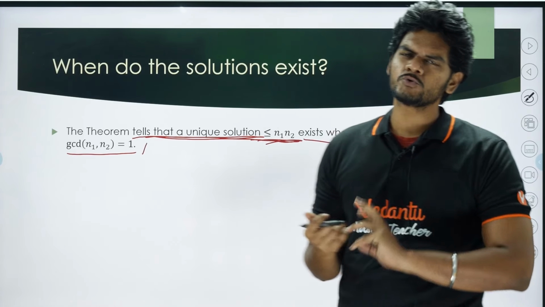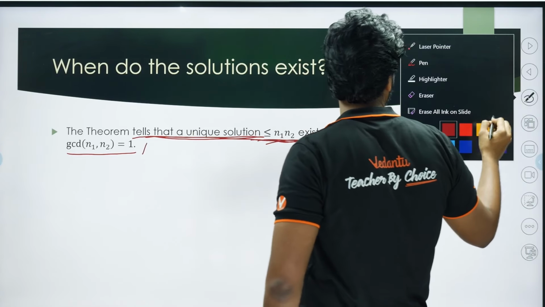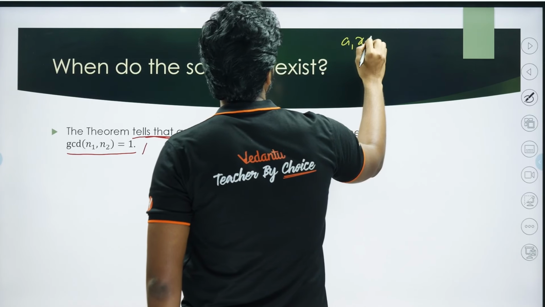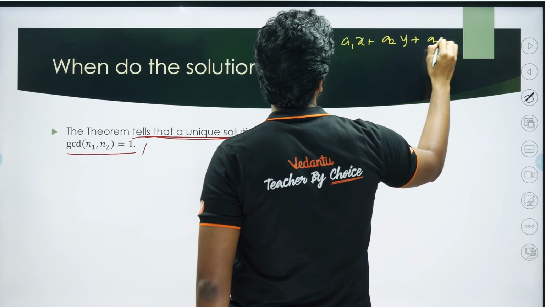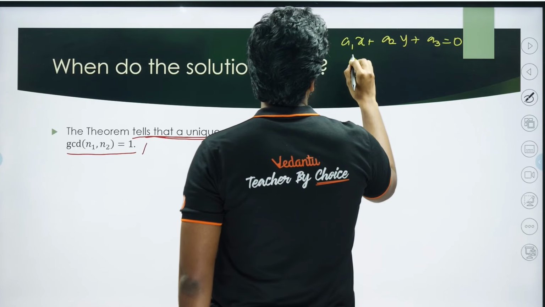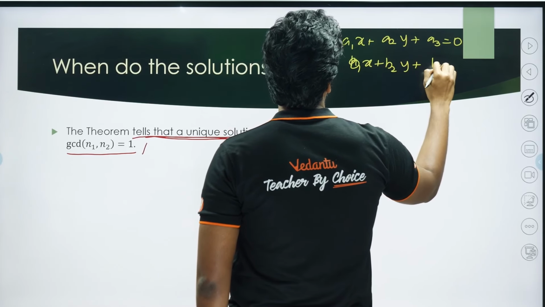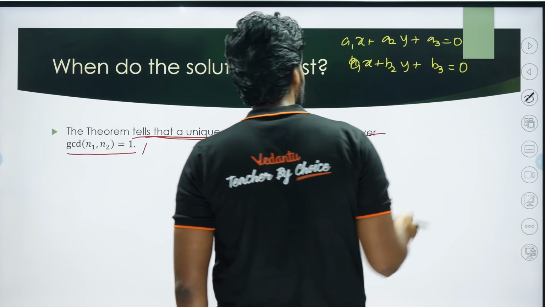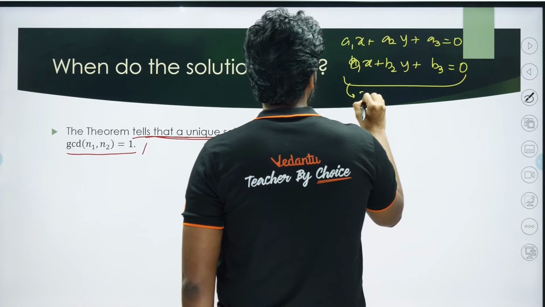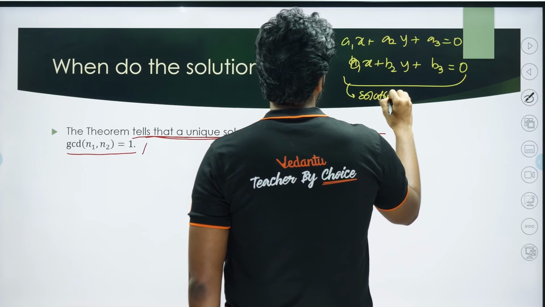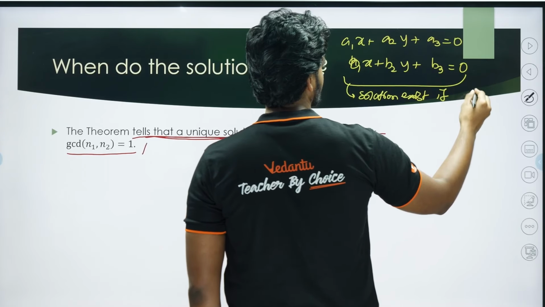So it is like solving 2 linear equations. So we often look at a1x plus a2y plus a3 is 0 and b1x plus b2y plus b3 is 0. I know this is not the standard way of writing it, but I am just telling you, we solve this and there are certain conditions. Solution exists if, what is the condition?